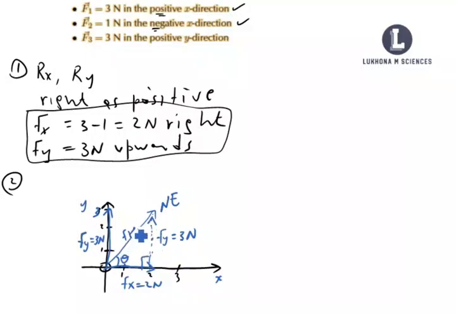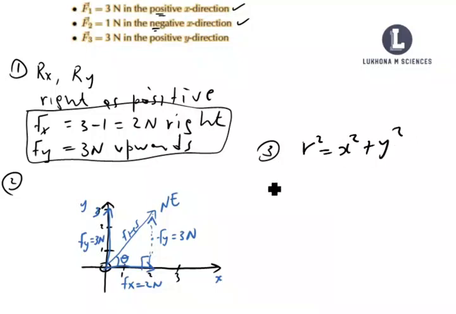Always write that F-res. Now step number 3, Pythagoras theorem. We started with r squared, in our case r squared is equal to x squared plus y squared.